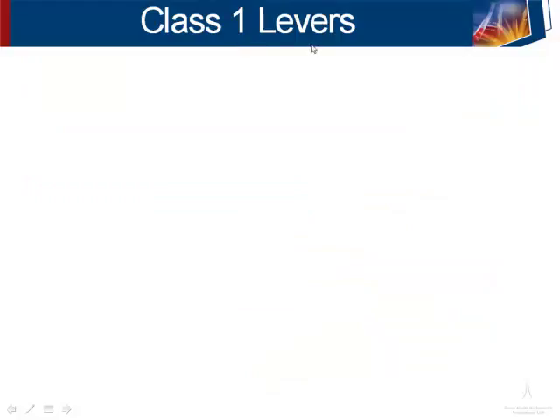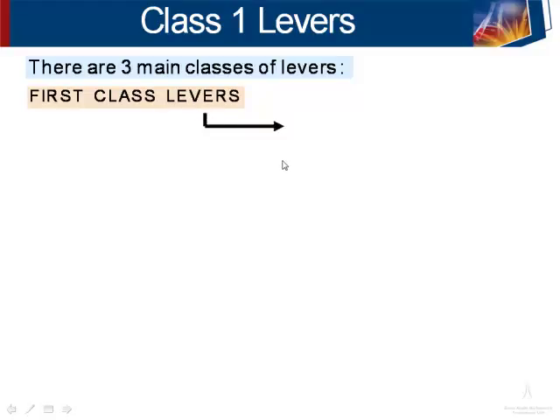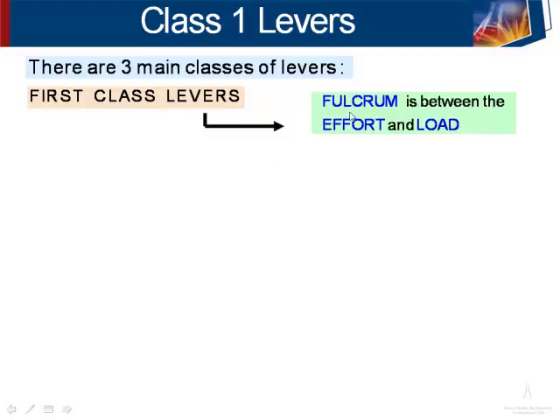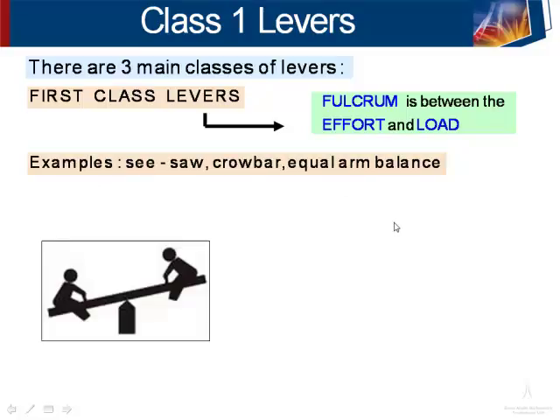Looking at class 1 levers. Remember, there are 3 main classes of levers: class 1, class 2, class 3. We're first going to look at first class levers. In first class levers, the fulcrum is between the effort and the load. Examples of these are a seesaw, a crowbar, and an equal arm balance.